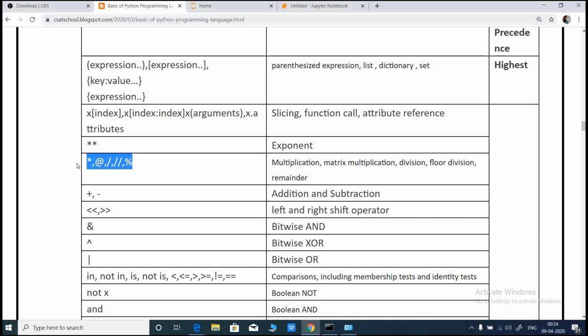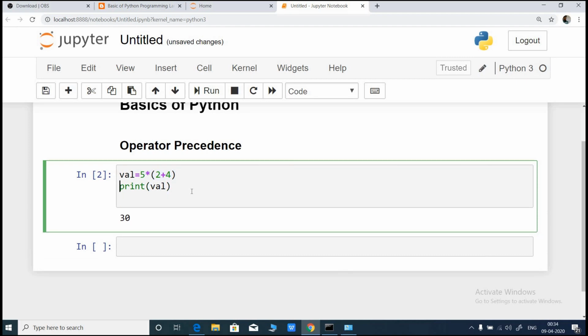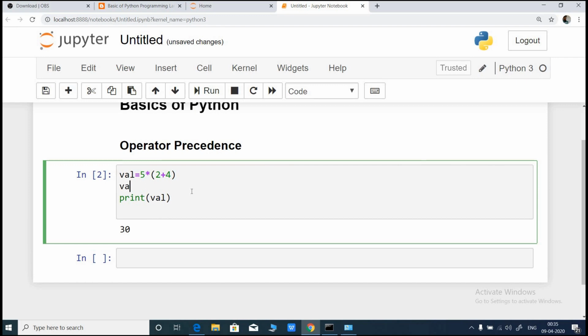We are going to operate from left to right. Does it make sense? So if we change its behavior, we'll write val2 equal to 5 times, or rather, let me change it to something easier to calculate.